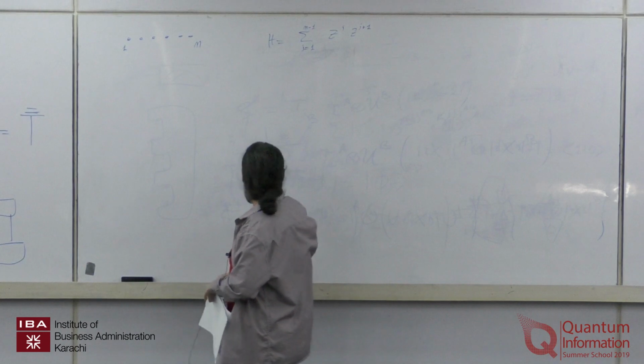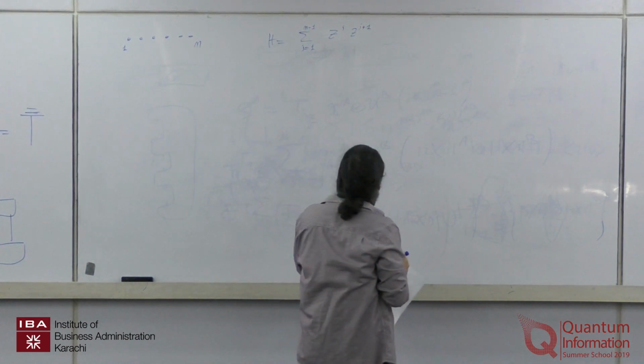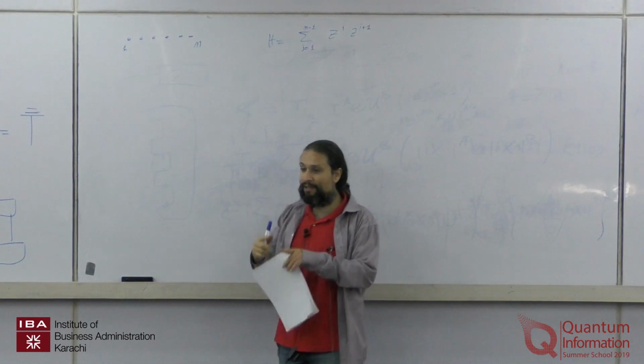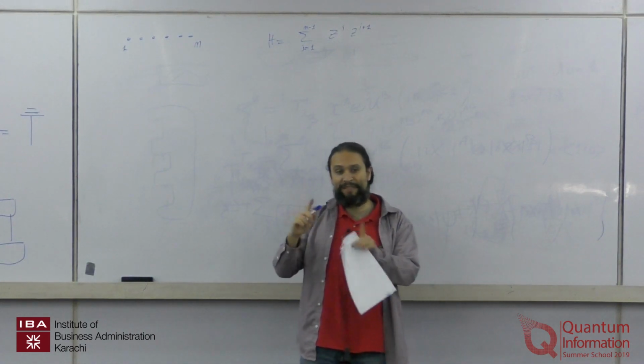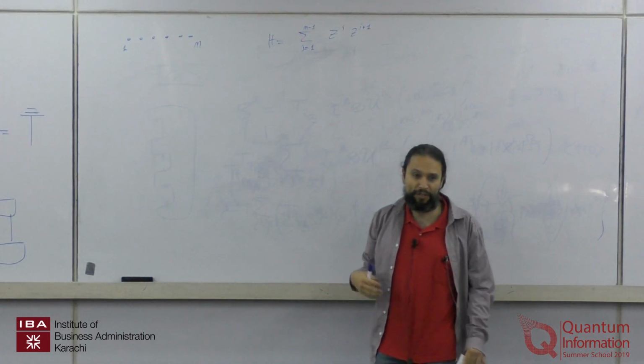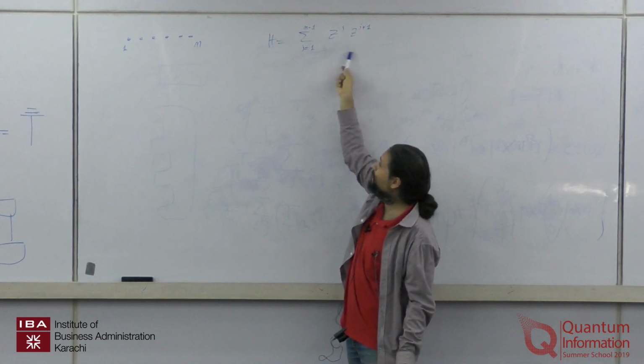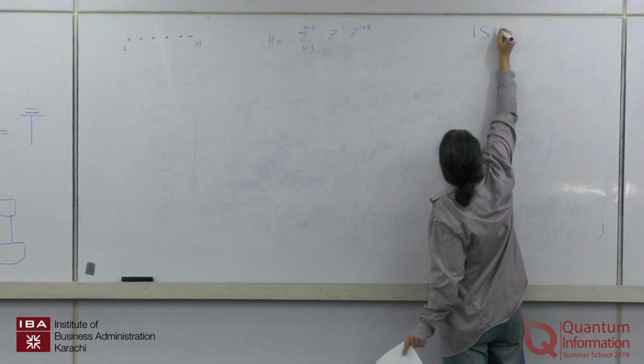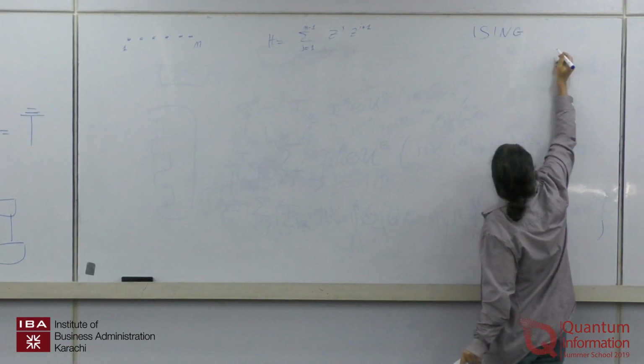Essentially this is very similar to what we have seen before. Before, each pair of particles was coupled by XX plus YY plus ZZ. This is just a simpler, toy version of that, where you only have ZZ. This is called the Ising model.